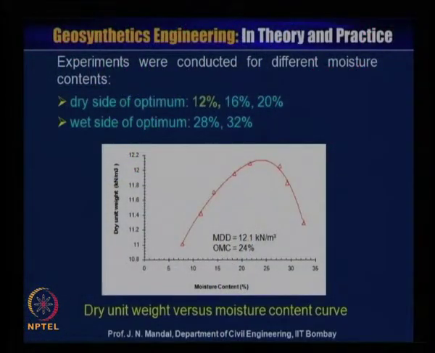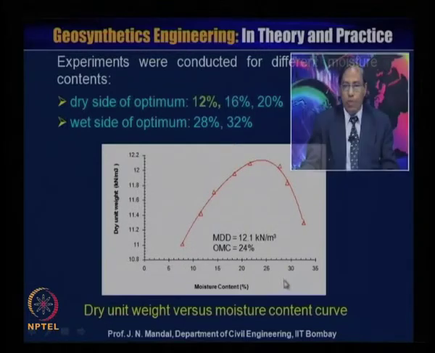So, the experiment was conducted at different moisture contents, that is the dry side of the optimum moisture content and the wet side of the optimum moisture content. This figure shows the relationship between the moisture content and the dry unit weight.